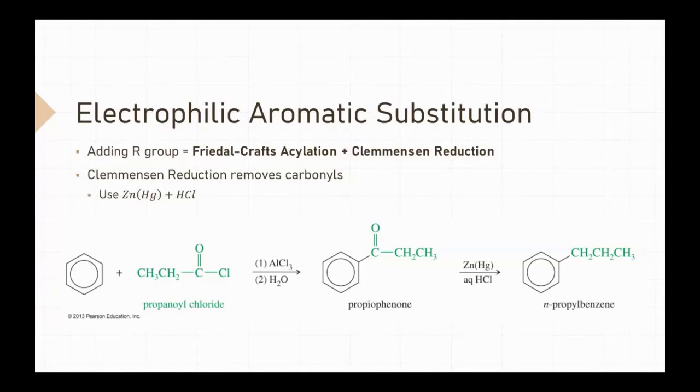That prevents it from doing a methyl shift or hydride shift or any rearrangements. And you'll basically make a ketone right here. Once you make the ketone, you can do your Clemmensen reduction and remove that ketone. So you have your linear R group attached to your benzene.